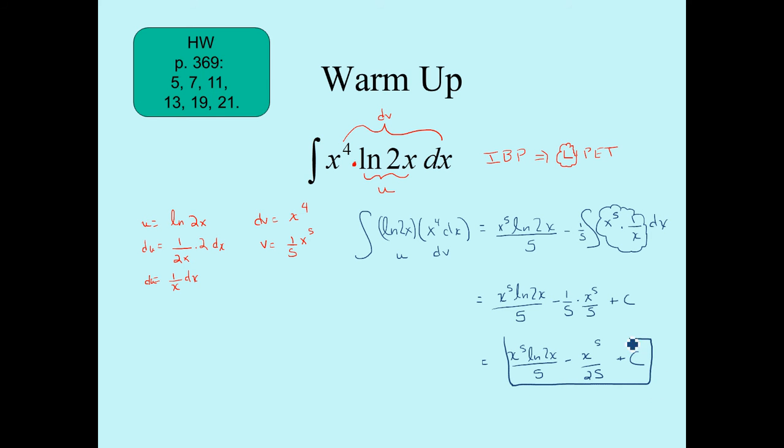And of course I could factor in x to the 5th from the numerator and a 5 from the denominator and write that out, which I would, and write it that way, which of course I would only do to match multiple choice.